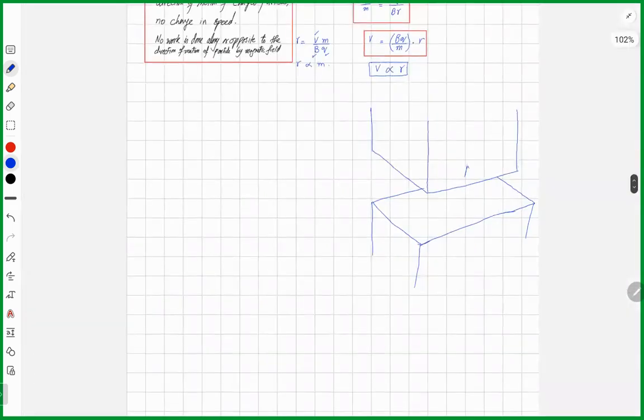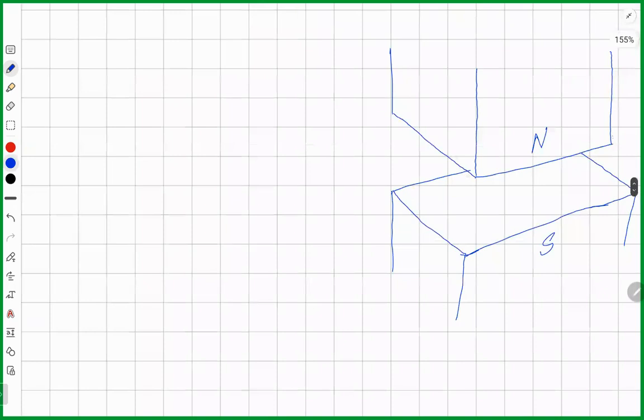on the top of one another. This is the north pole of one magnet and this is the south pole of the other magnet. So they will be producing a uniform magnetic field in between the poles, north to south.